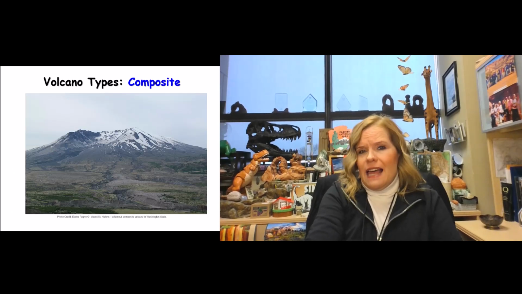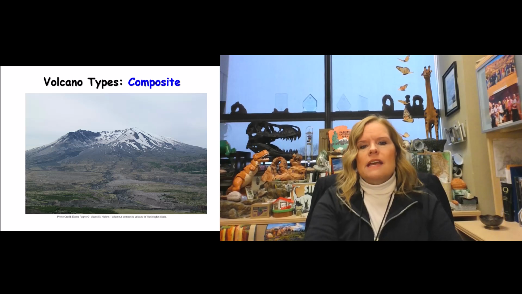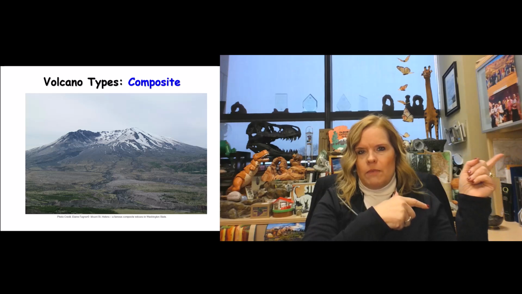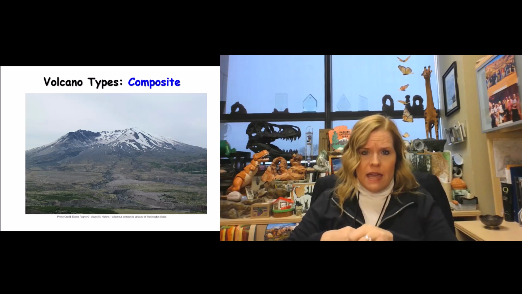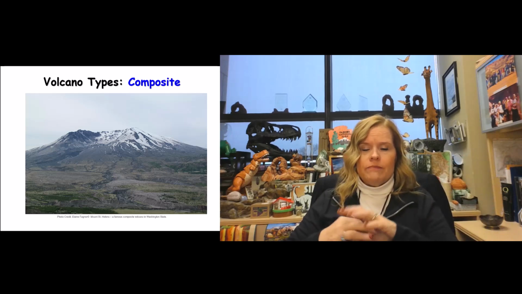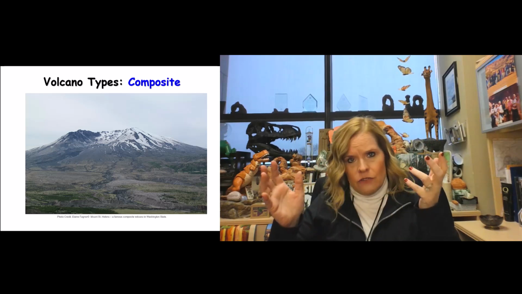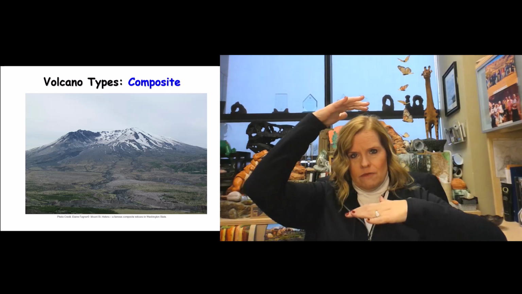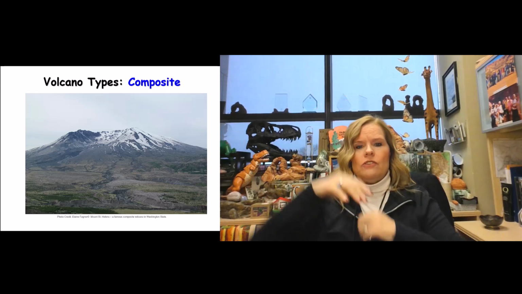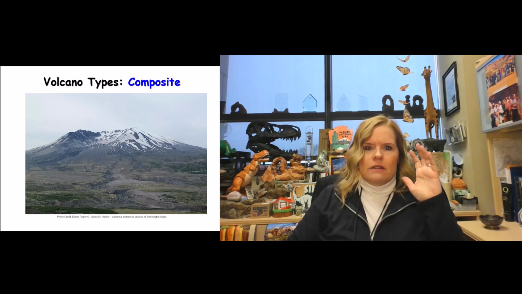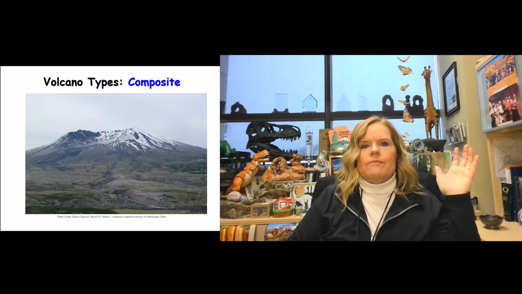This is Mount St. Helens in Washington State. So you have to imagine it looked just like the other volcano back in May of 1980, the morning that it erupted. And now it looks like this because in a matter of about 10 or 15 minutes, it lost a third of its vertical elevation because it blew out the side in a massive pyroclastic eruption, and caused massive widespread devastation.